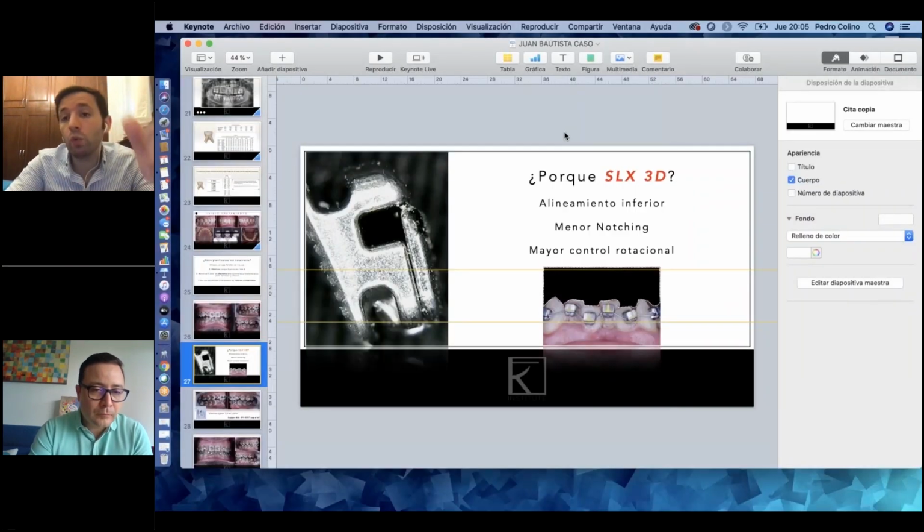And for sure, if you do indirect bonding, if you use CBCT, if you use intraoral scanner, you are going to be more accurate and you are going to finish faster. Why? Because we finish slower when we make mistakes during the treatment.